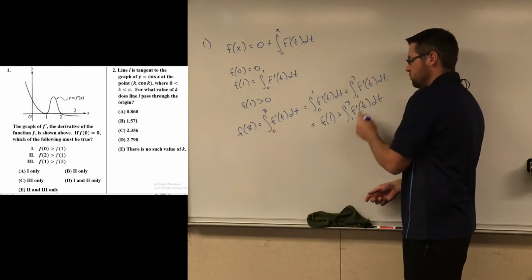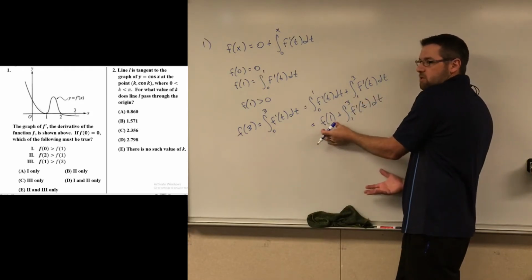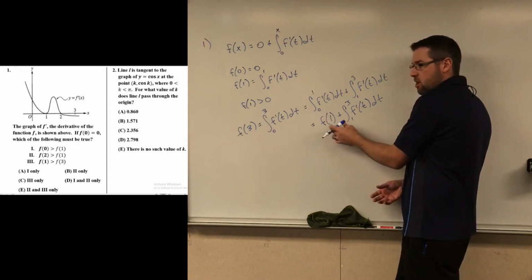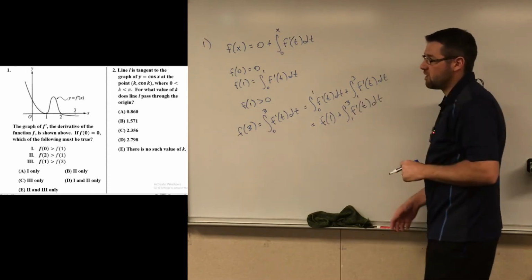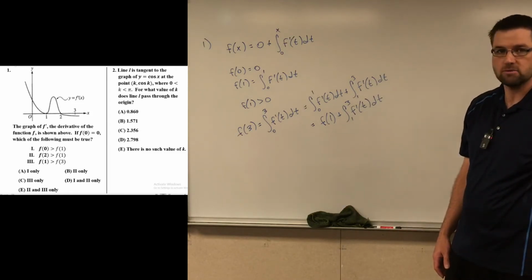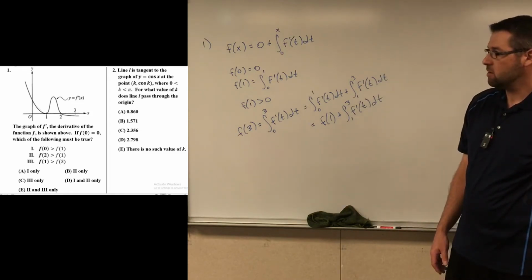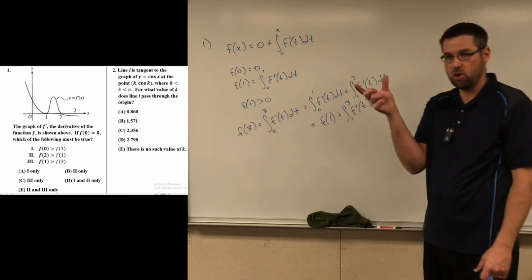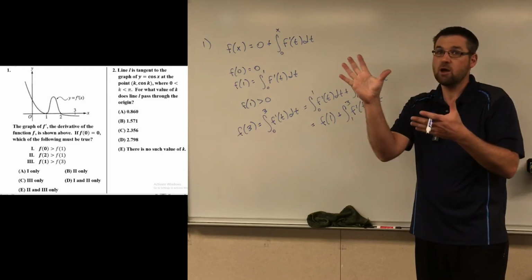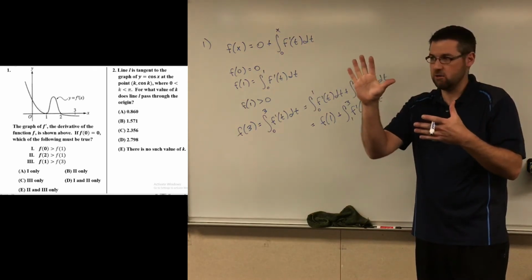So the question is, let's pretend we know this number. It is positive, we don't know how positive, but let's pretend we do. What is the integral from 1 to 3? Is that going to be positive or negative? Positive. How do you know? Because the integral from 1 to 2 is greater than the integral from 1 to 3, right? Or it's a greater absolute value, right?